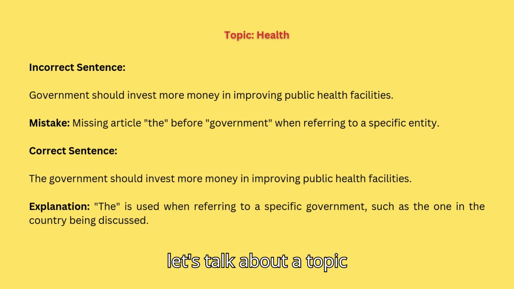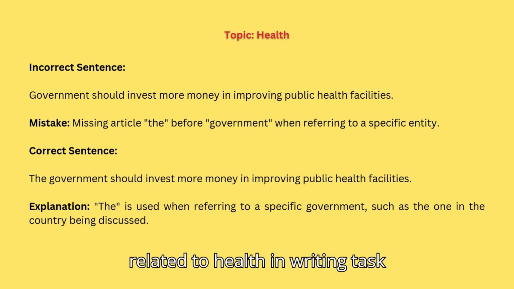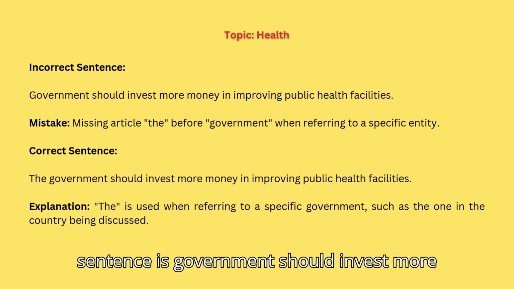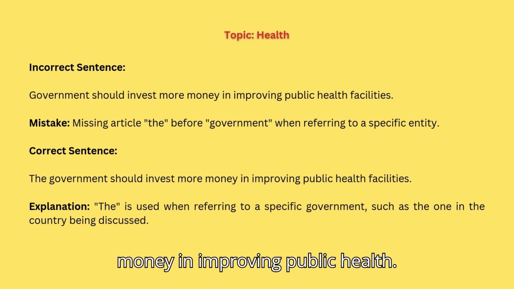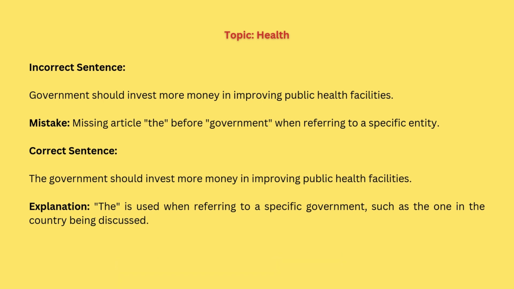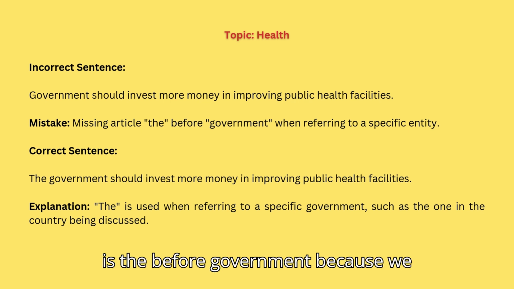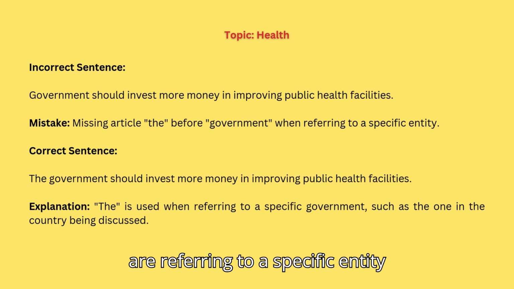Let's talk about a topic related to health in writing task 2. Now, the sentence is: government should invest more money in improving public health facilities. What is the mistake? Missing article. That is the before government because we are referring to a specific entity, government.